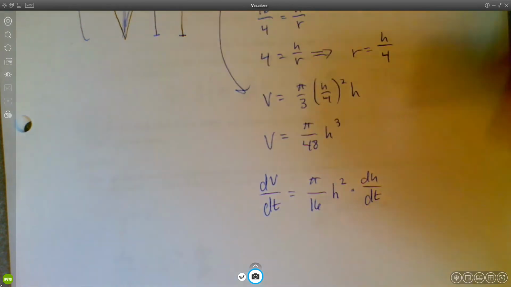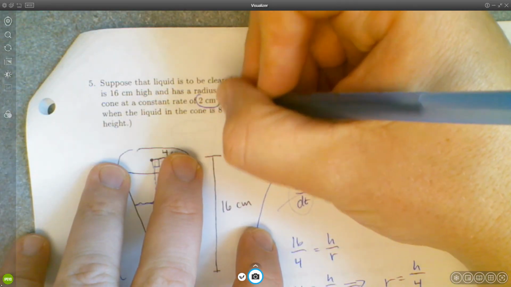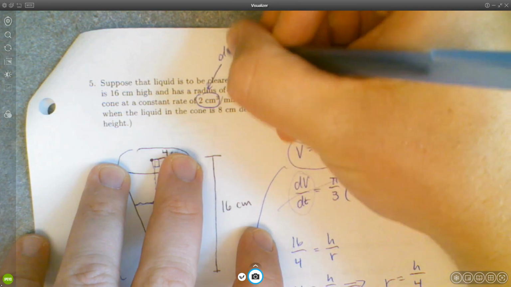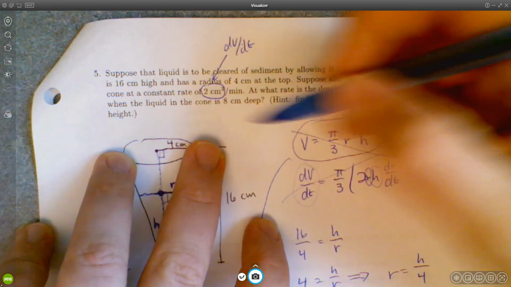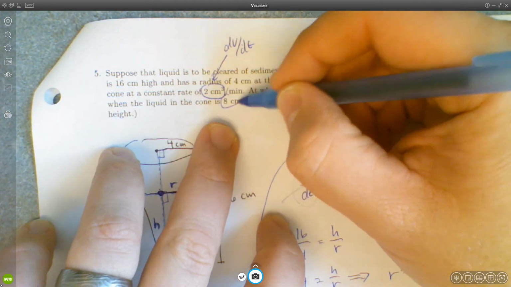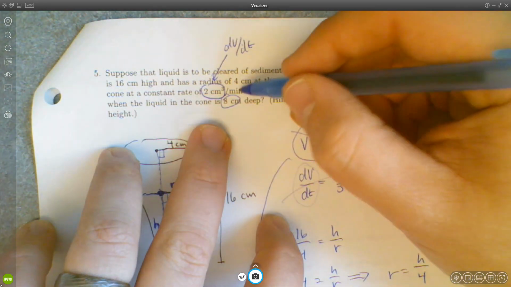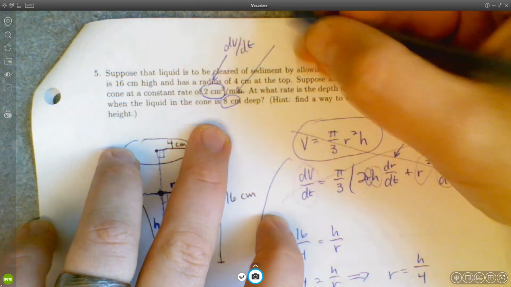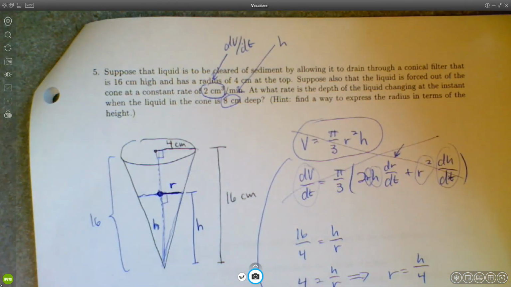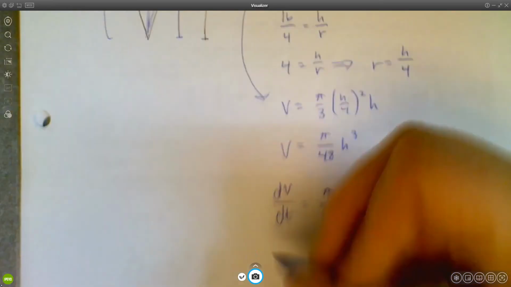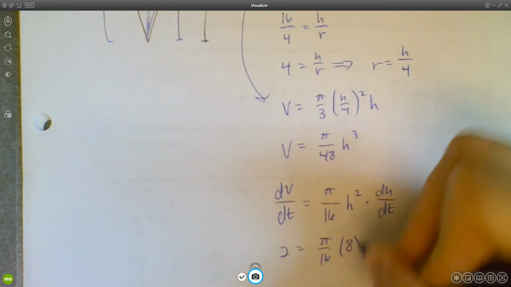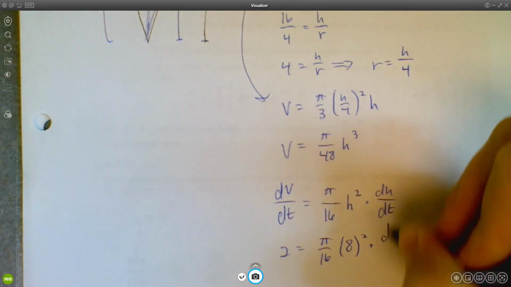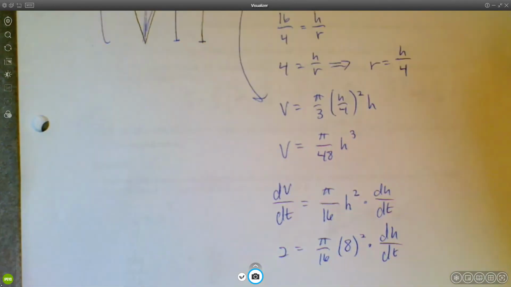Okay, and I want to find dh/dt. I was given dV/dt, that was the 2 cubic centimeters per minute. And then I was also given the height, or the depth of the liquid. So h is 8. So I'm going to say 2 equals pi over 16 times 8 squared times dh/dt, which is what I'm trying to figure out.